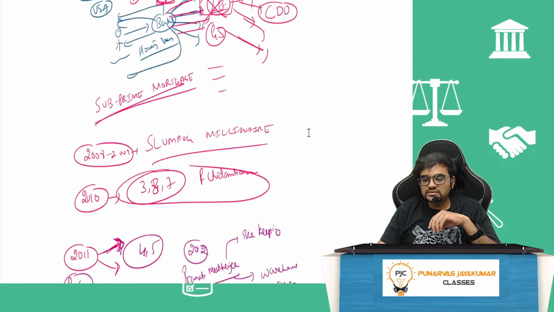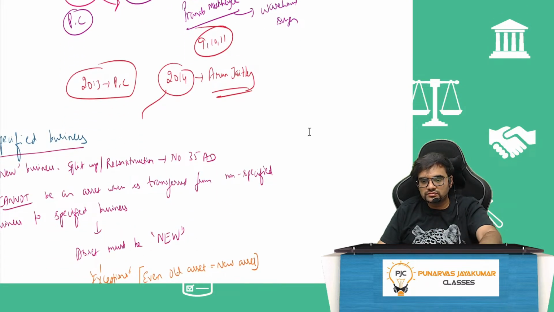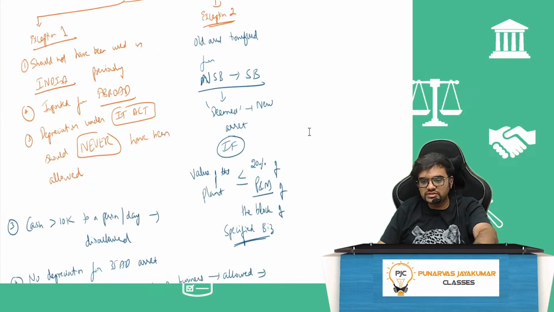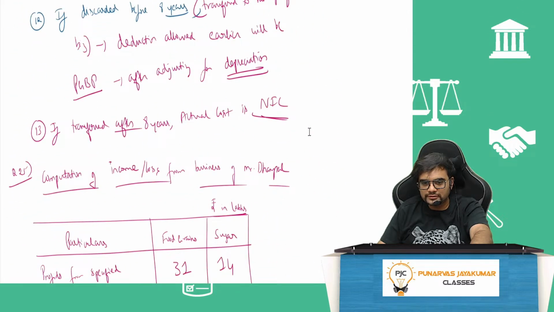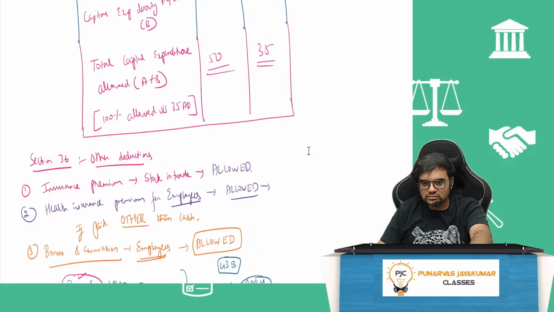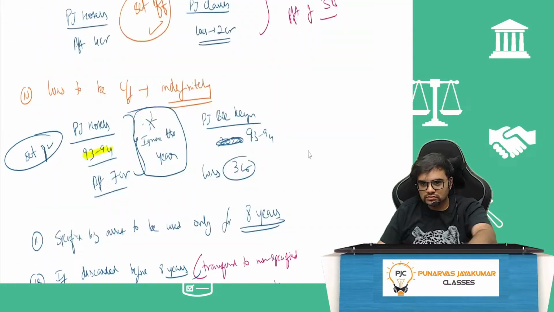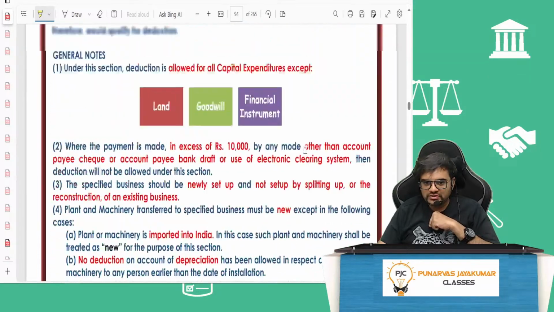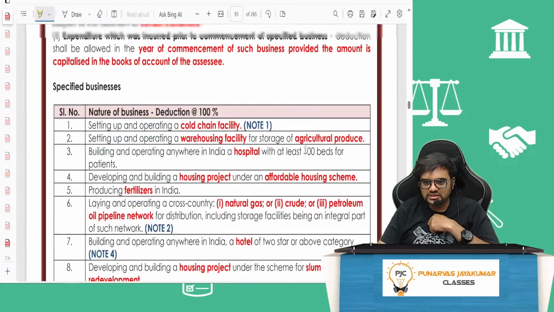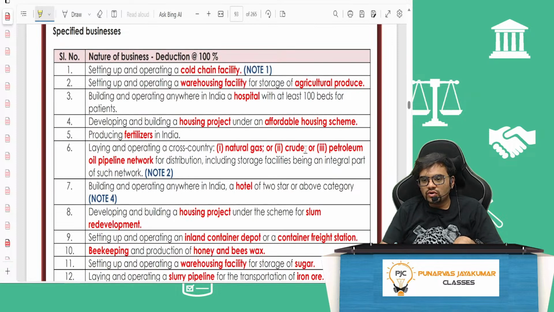But what exactly is the specified business, we'll have to see. What are those specified businesses? We need to see that. So let's come to specified business. You should remember these things. First one, cold chain facility.